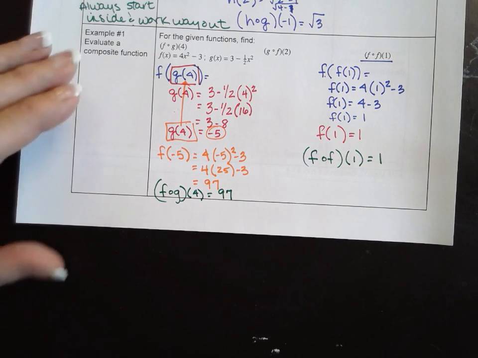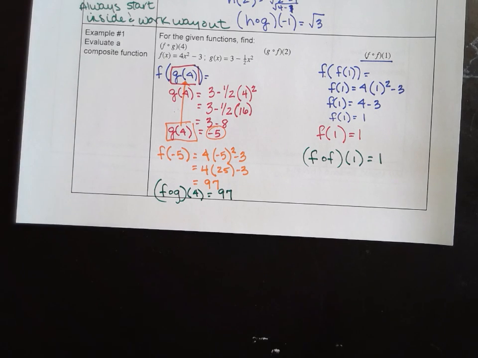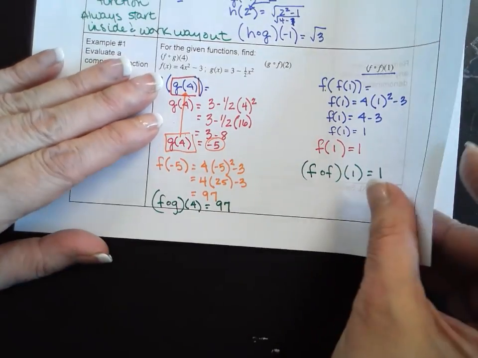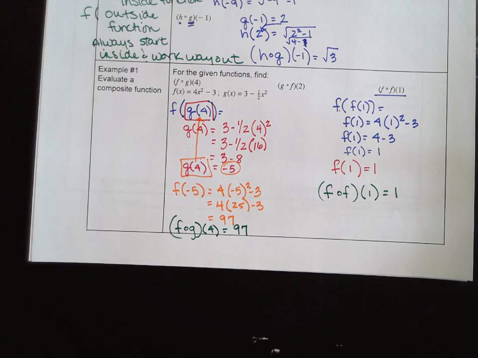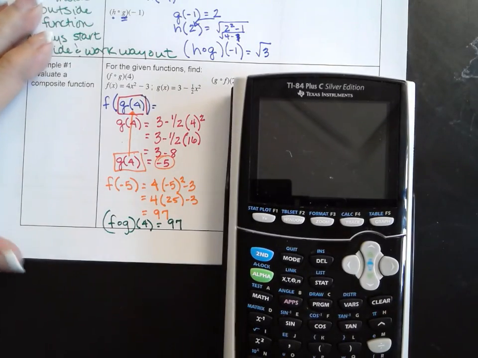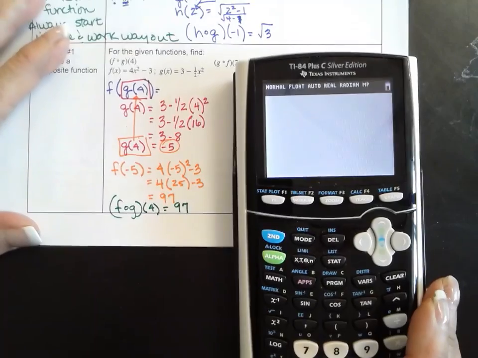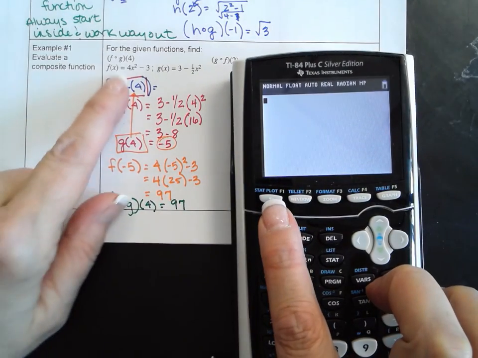Okay. All right. Now, who's got a calculator I can borrow real quick? An 84. Anybody? Because on the next page, the directions are here, but I'm going to show you how. If you're evaluating for a specific number, you can put it in your calculator and it will calculate for that number.